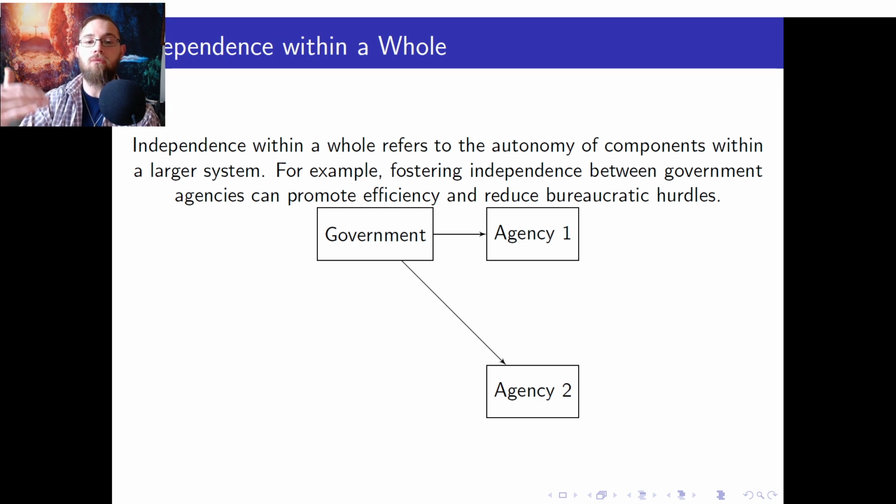So it helps reduce hurdles. Now it says it's supposed to reduce bureaucratic hurdles, but the problem is if you actually read someone like Weber, you'll see that it's the bureaucratic hurdles that actually lead to the reduction of complexity, because those bureaucracies reduce complexity by compartmentalizing that amount of complexity itself.